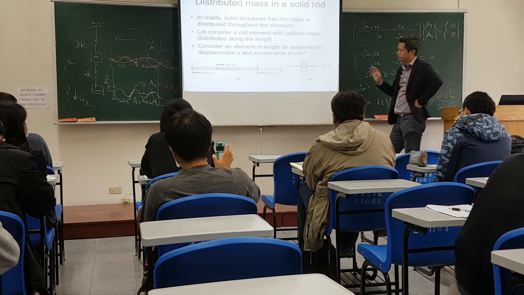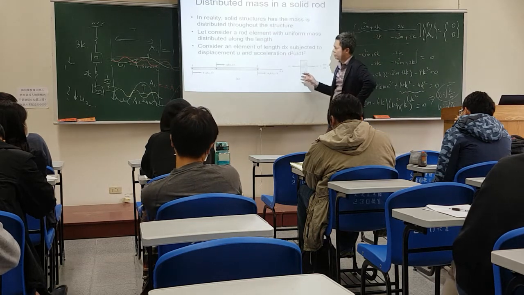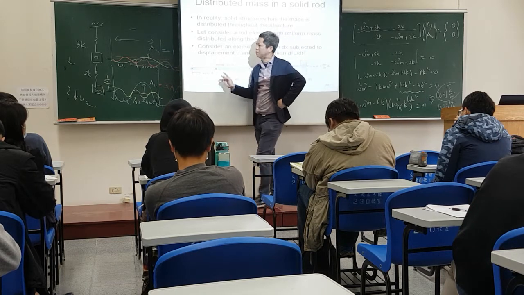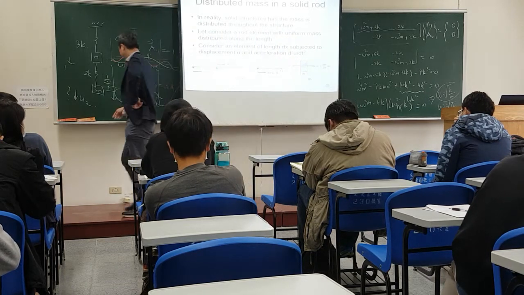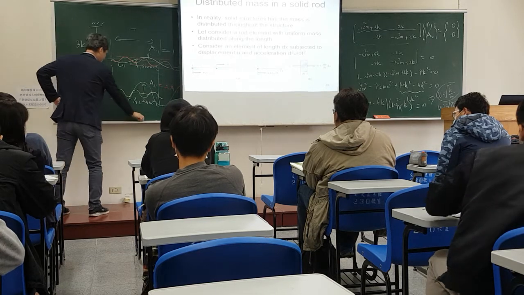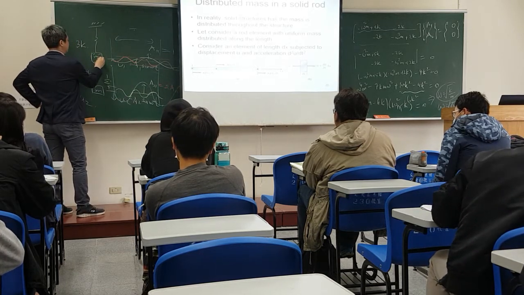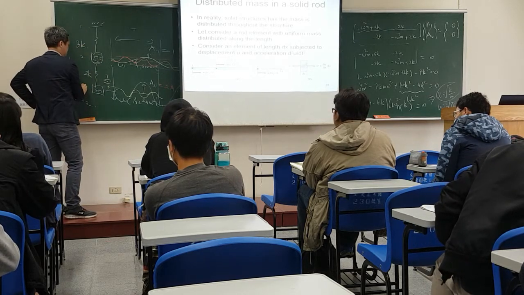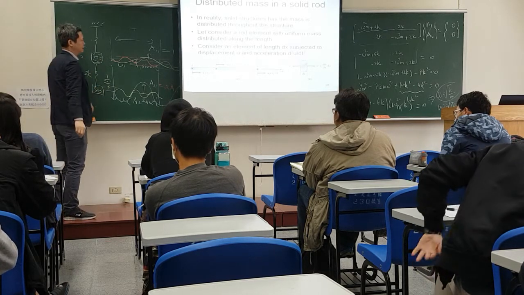Okay, so now we come to the next thing. What we're going to study is what happens if you now have a continuum mass. What you see here is what you call lumped mass. Your mass is at the nodes: 1, 2, 3.